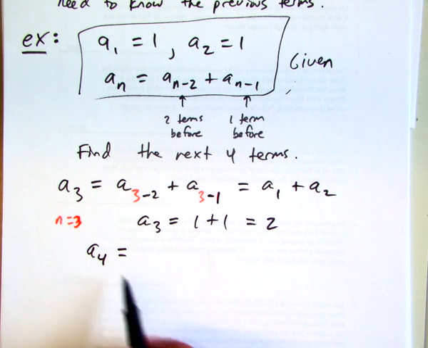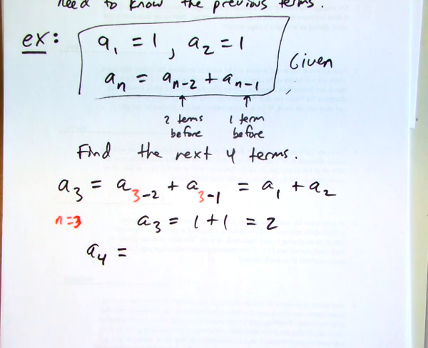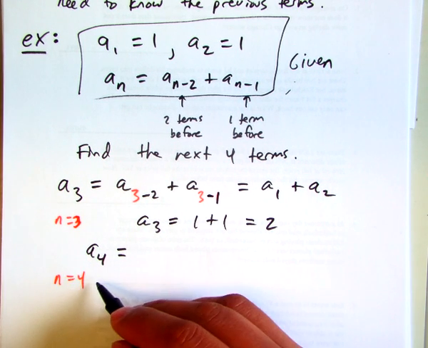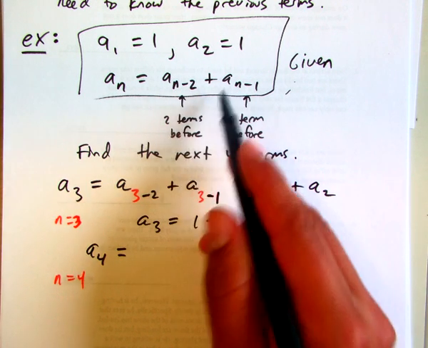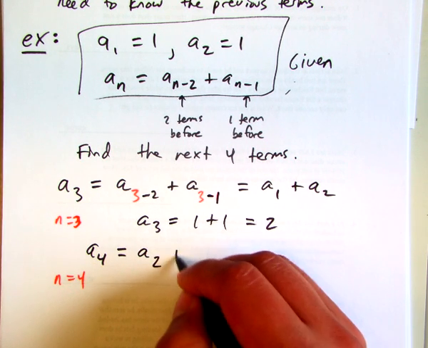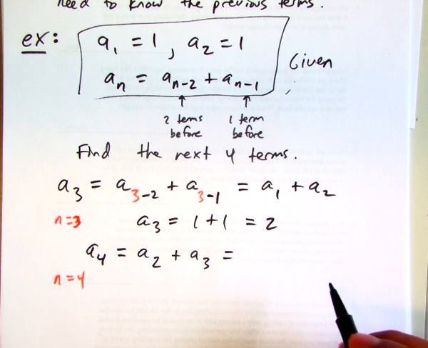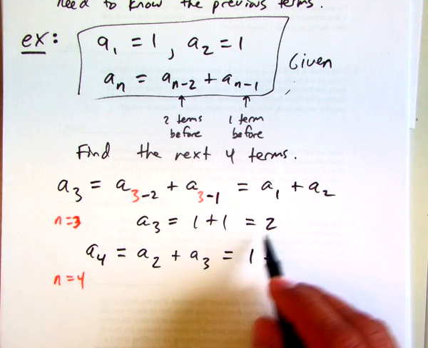So if you want to find the fourth term, again, this is where n equals 4. Plug 4 into the formula, so we have a sub 2 plus a sub 3. A sub 2 was 1. A sub 3 we just figured out, that was 2.